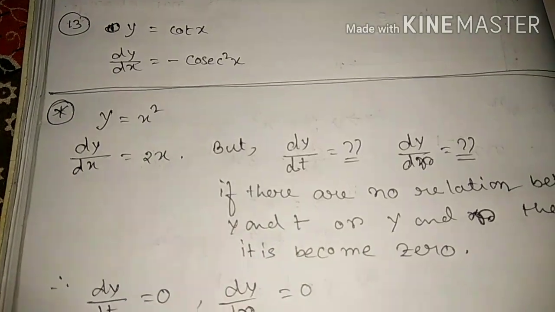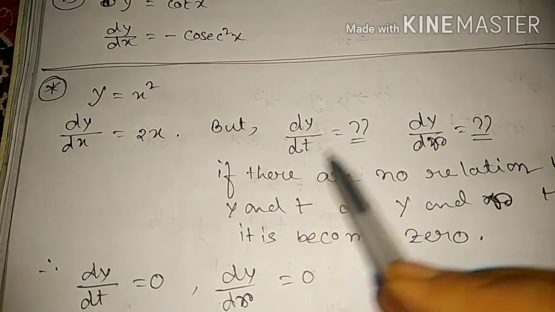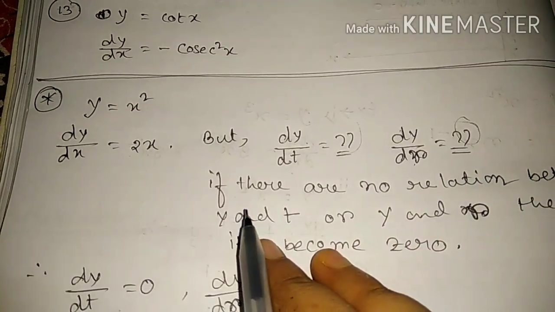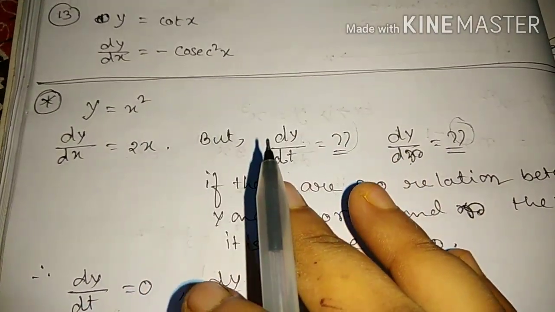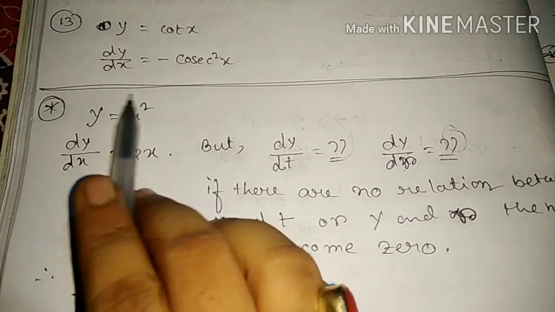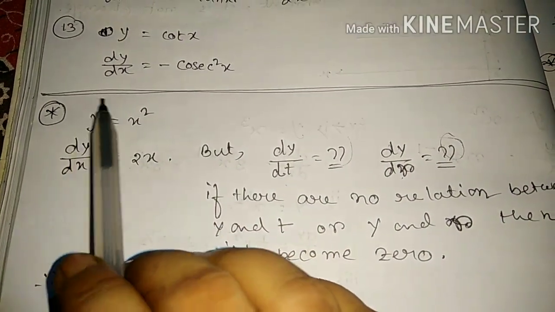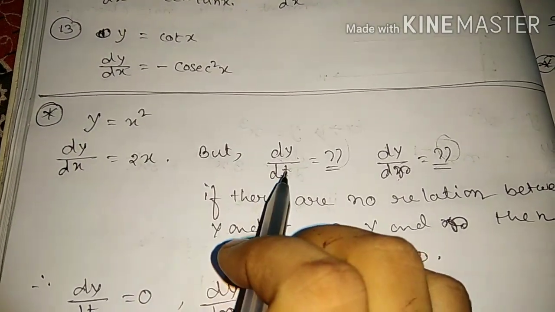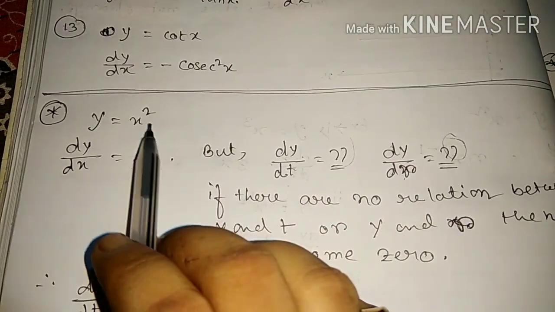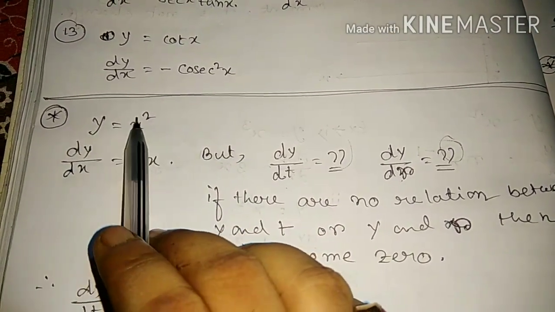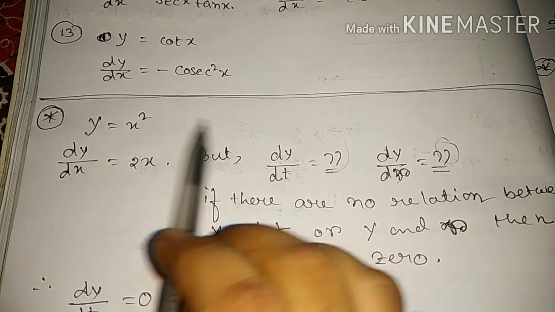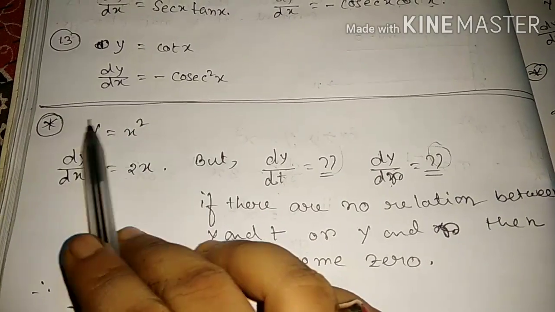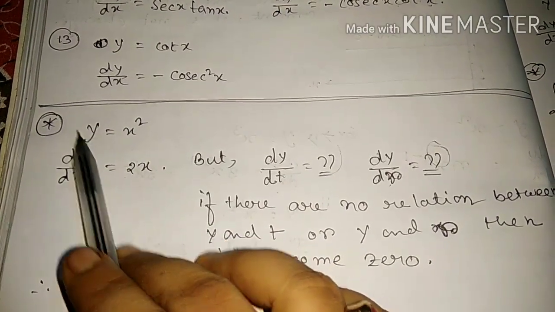But if the question asks to find the value of dy by dt or dy by dr, then what is the value? It's simply 0. Why? Because whatever variable we write at the bottom, there is no relation with it. In this expression there is no relation between x and t or x and r, that means no t term and no r term is there in this relation.